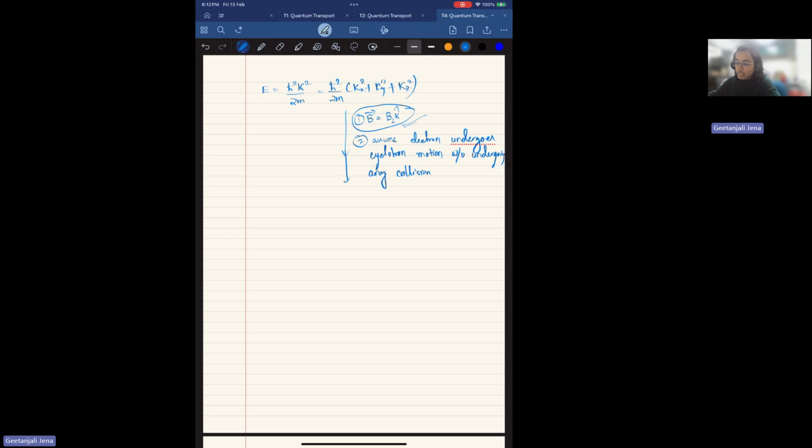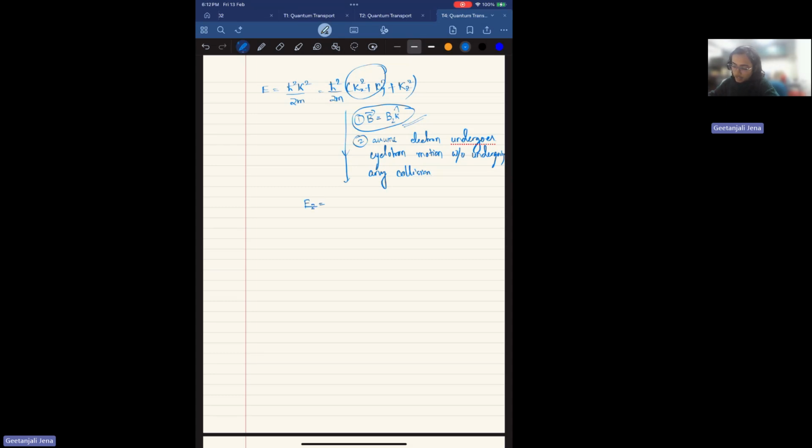Because the magnetic field is in the z direction, the kx and ky components we saw earlier will now be dependent on each other, because the electron is undergoing cyclotron motion. So kx and ky don't take arbitrary values; they take values satisfying the cyclotron motion.